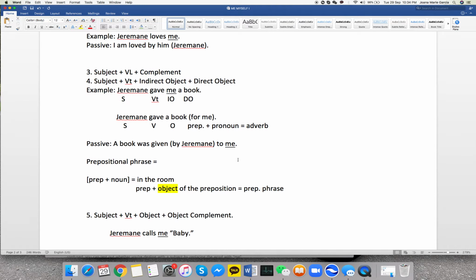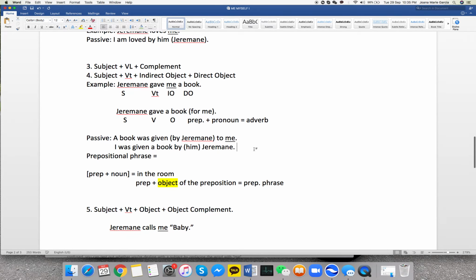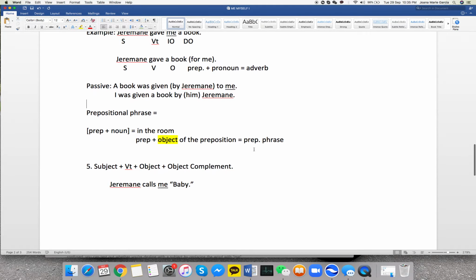So we still use the objective form of the pronoun there. And then the other passive form will be, since I am the subject now, I was given a book by Jermaine, or by him. In that case, I can also use him because it's the object of the preposition. That's why we can use him. Just remember the rules that we talk about.